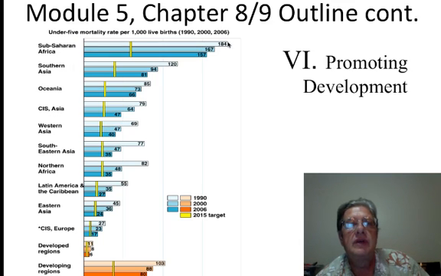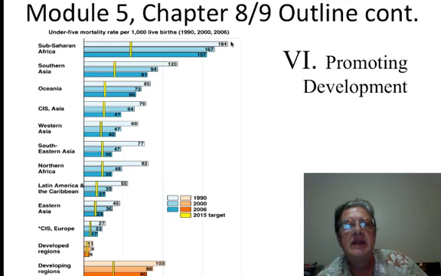We can also see that the goal that was set for this particular objective, which is the yellow line, in most cases represents about a 50% or more reduction in the infant mortality rate as a goal which these countries will attempt to reach by the year 2015.